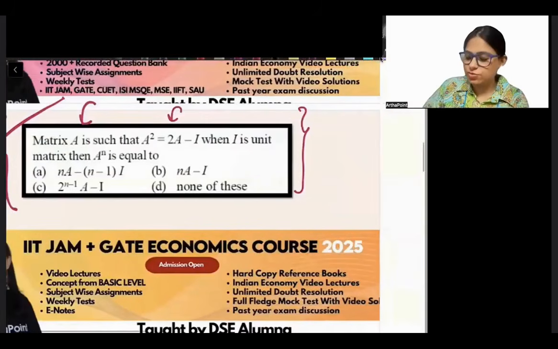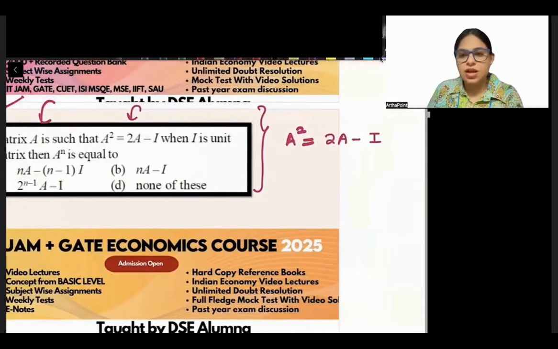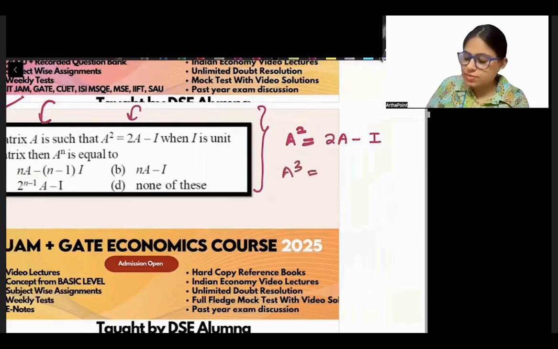Okay, let's try to write. A square is 2A minus I. What will be A cube, beta?